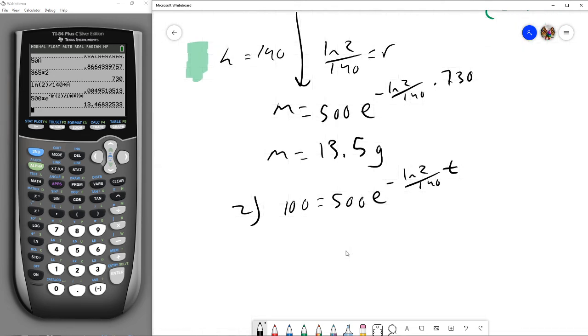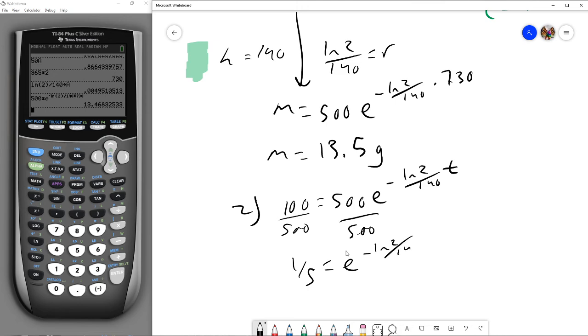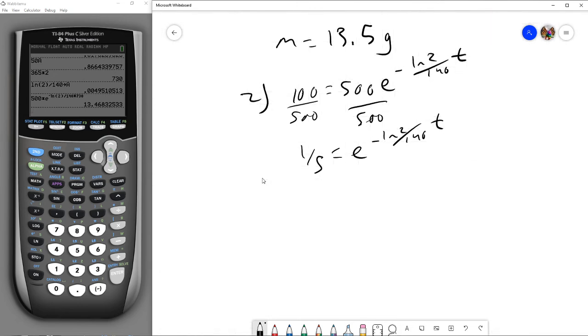So we can divide the 500 over. So we'll just divide 500, 5 by 500. 1/5 is equal to e to the negative natural log 2 over 140 t. Now we need to take a natural log of both sides. So we have natural log of 1/5 is equal to negative natural log 2.